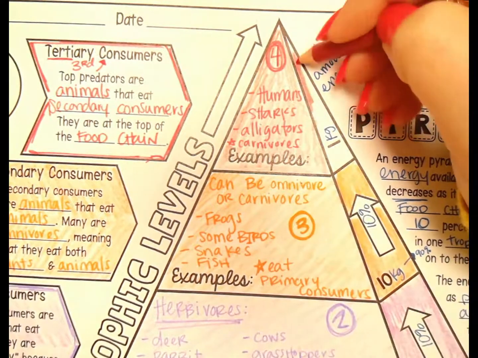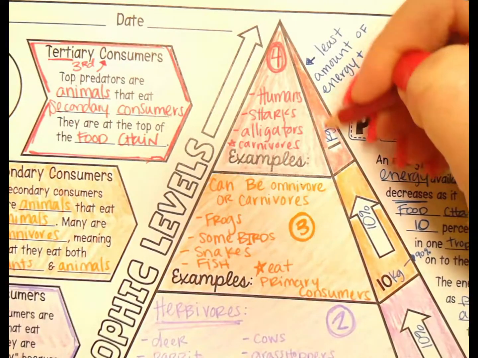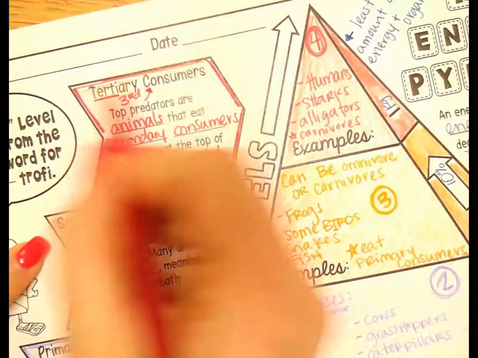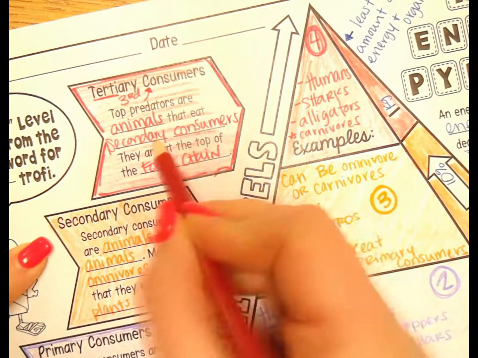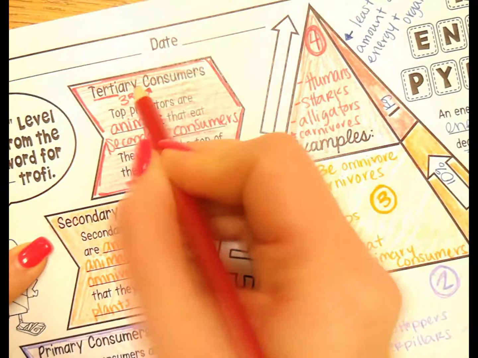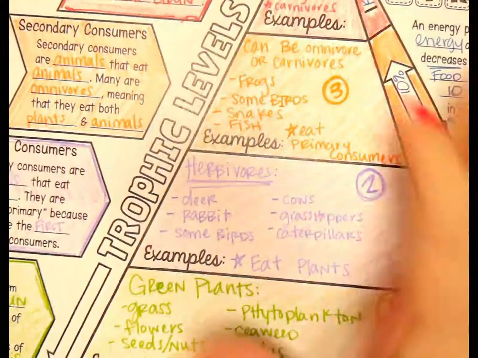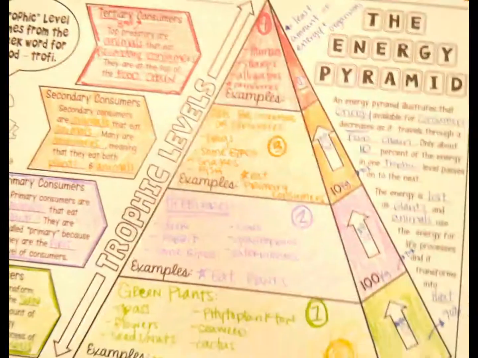And don't forget your side over here, because that transfer of potential energy, transfer of energy through that food is shown on the side. Okay. All right, you can feel free to decorate your energy pyramid a little bit more if you would like.